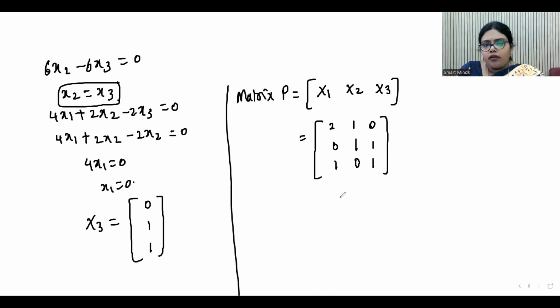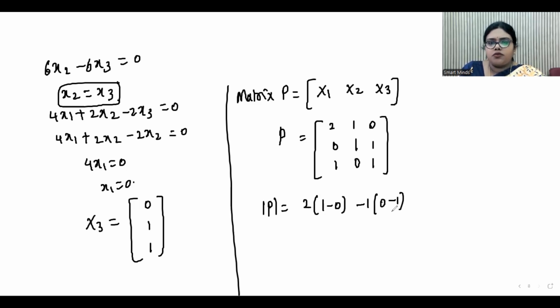Now if I want to find the determinant of P, 2 into 1 minus 0 minus 1 into 0 minus 1. That is 2 plus 1 which is equal to 3. Now 3 is not equal to 0, right? Therefore P inverse exists.